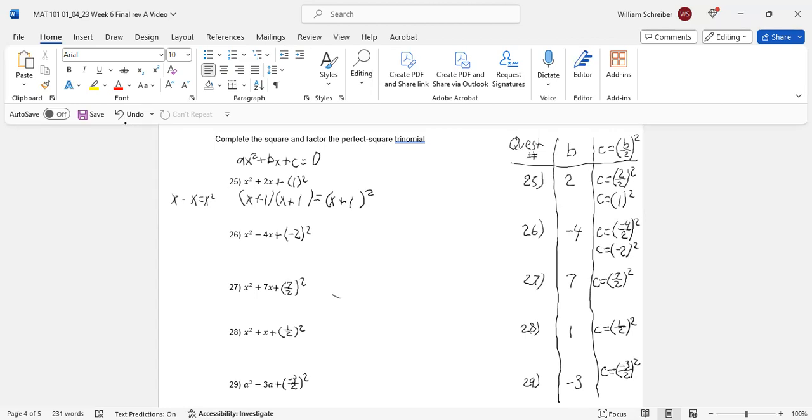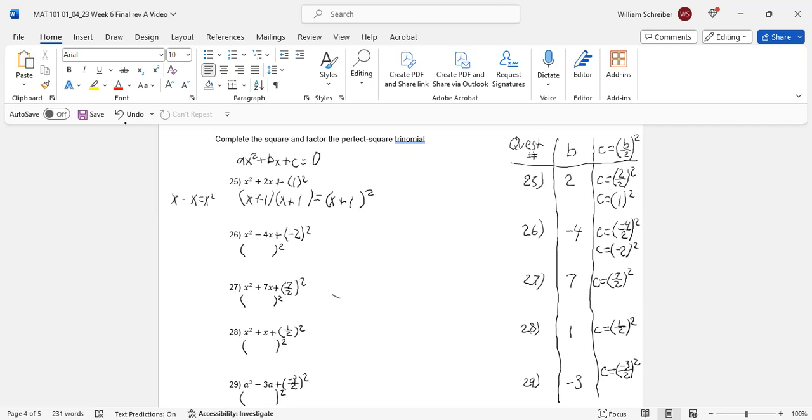So we're going to go and do that. Open bracket, close bracket, squared. For this one, open bracket, close bracket, squared. For this one, open bracket, close bracket, squared. And open bracket, close bracket, squared for this one. Now all I need to do is put the terms inside the bracket. And we know how to do this, right? You pick the variable.